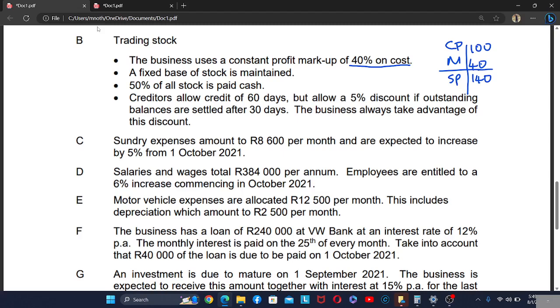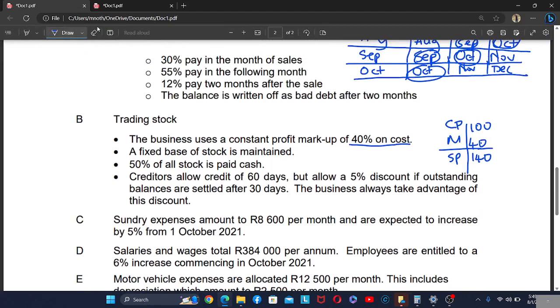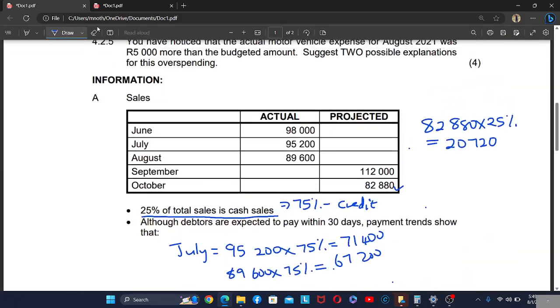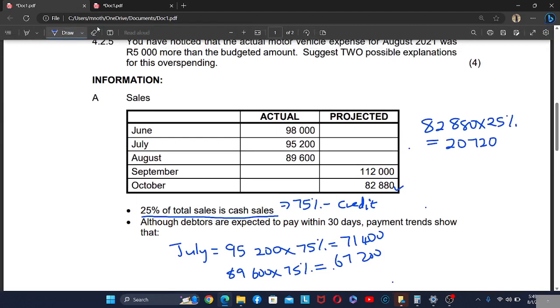Okay, now let's come back here. You are told that 50% of stock is paid in cash, meaning that another 50% is credit, right? Now, these are the sales, meaning that the trading stock was sold.